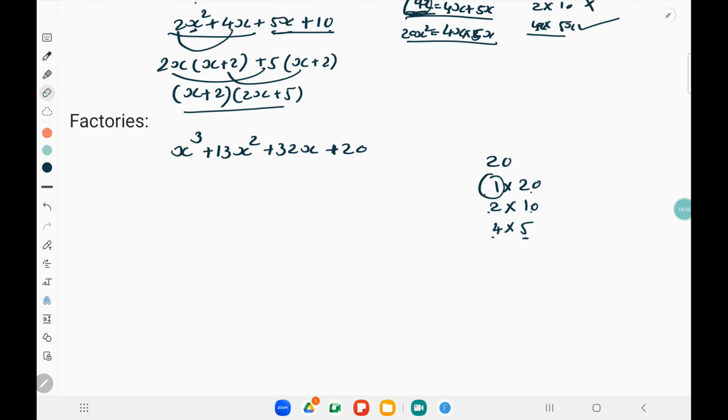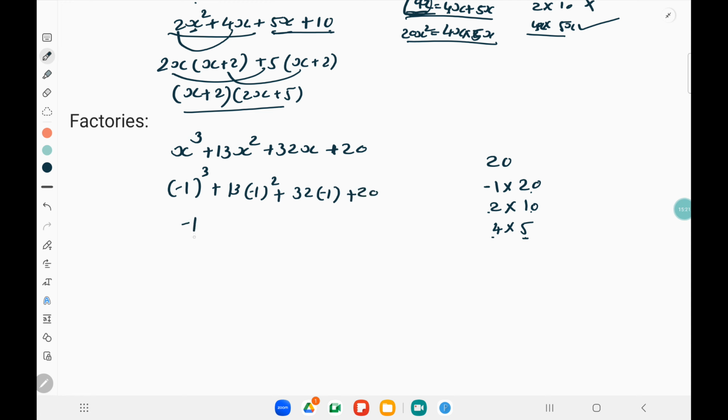Okay, 1 is a factor, but not only 1, we could say negative 1 as well. So let's try negative 1. So here minus 1 cube plus 13 times minus 1 square plus 32 times minus 1 plus 20.